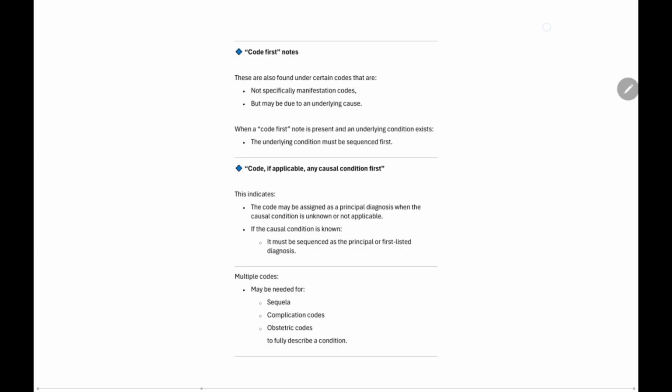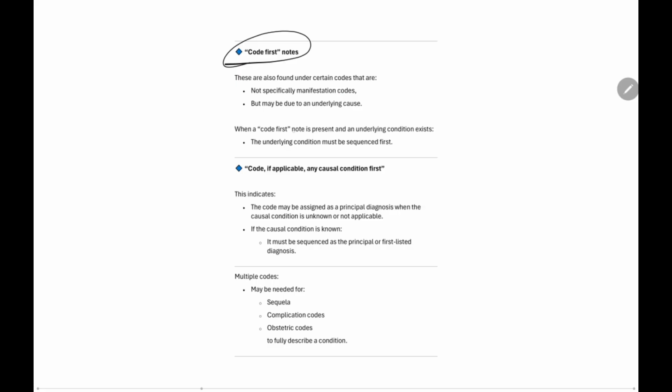Okay, so what are code first notes? Conventions, guys. You are seeing conventions also in the middle here. What are code first notes? These are also found under certain codes that are not specifically manifestation codes but may be due to an underlying cause.